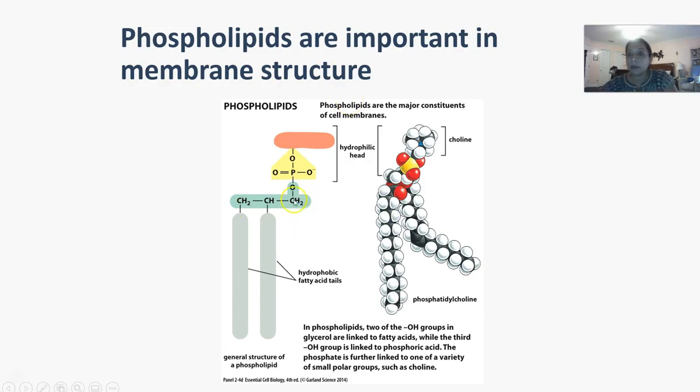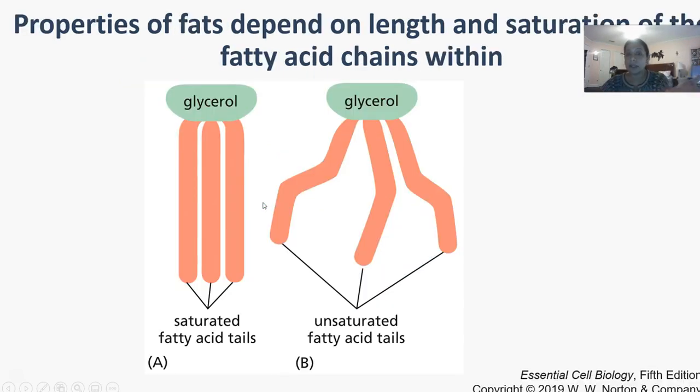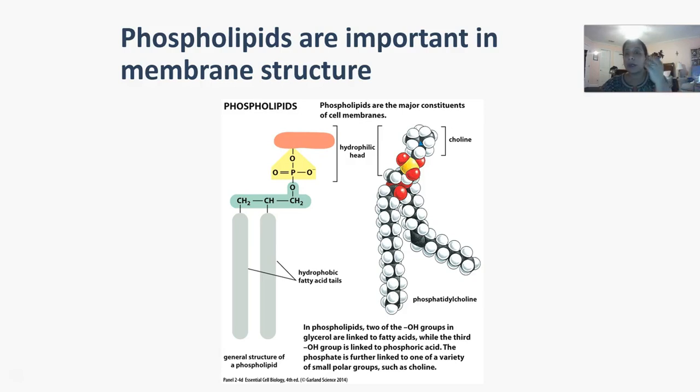So phospholipids make up our membranes, all the lipid bilayers of our cells, and are important in this membrane structure. They also occur very similar to the triacylglycerol structure that we talked about. They again have hydrocarbon tails, but this time there are only two of them, and this time they're joined together in the hydrophilic head with a phosphate.